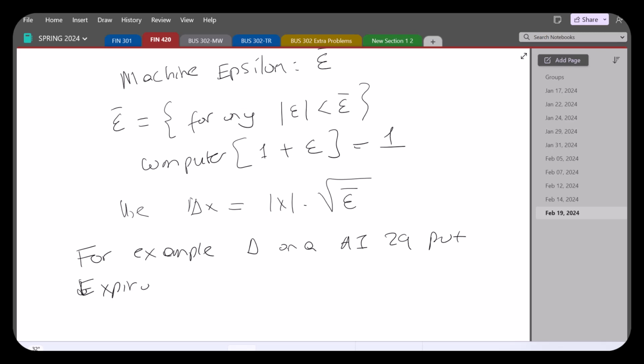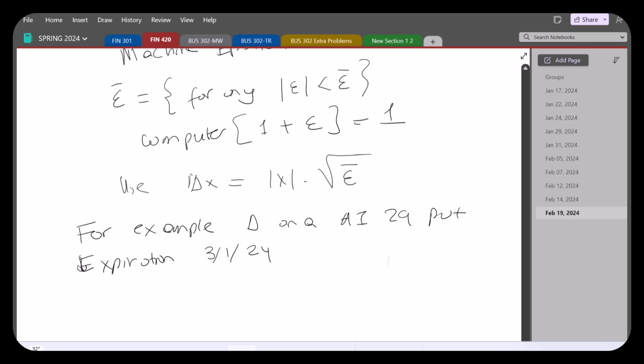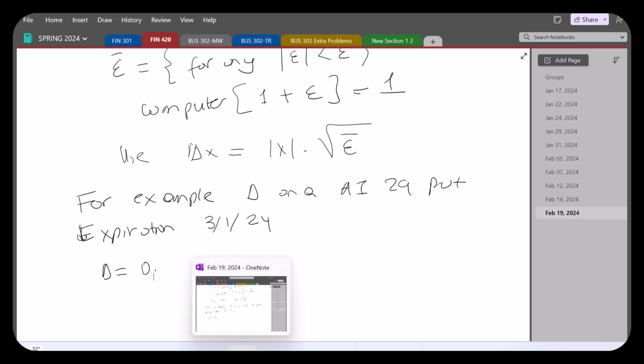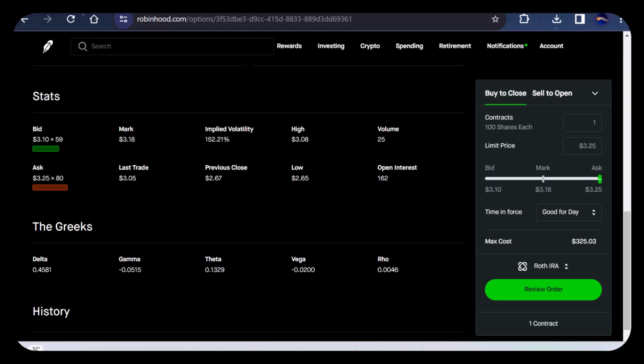expiration March 1st, 2024. On any option, you have strike price and the maturity of the expiration that uniquely defines an option. The delta is 45.81.